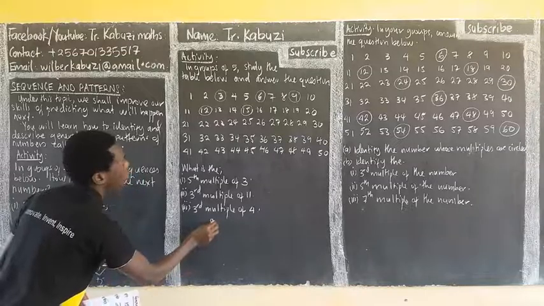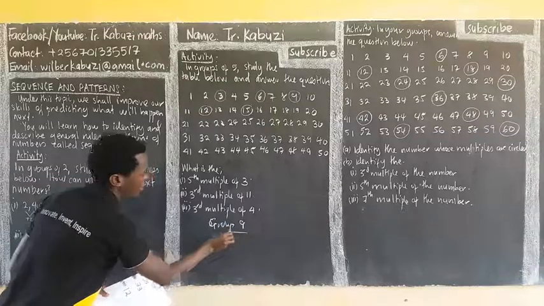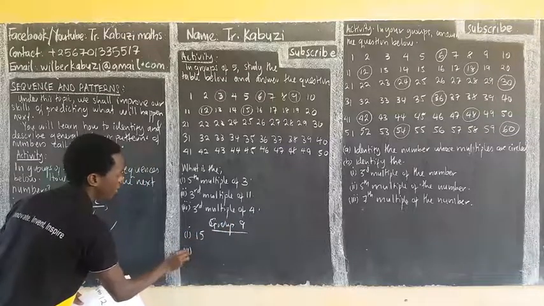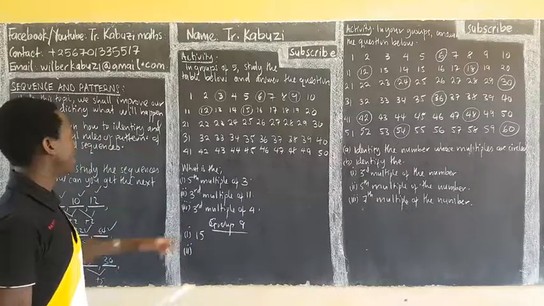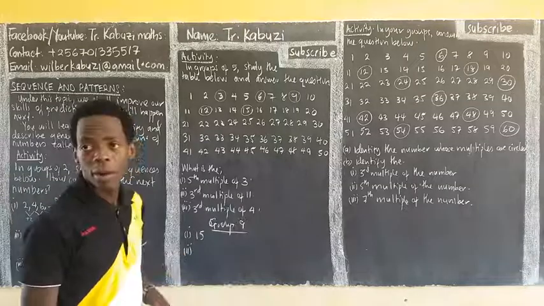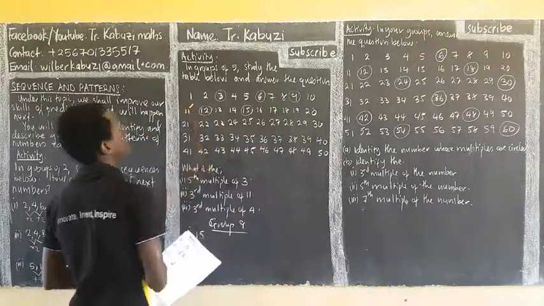So this is group 9. For number 2, they want the third multiple of 11. So the third multiple, are you seeing 11? What's the first multiple of 11? So first of all, this is the multiple of 11.